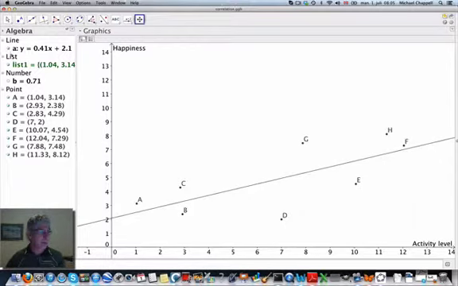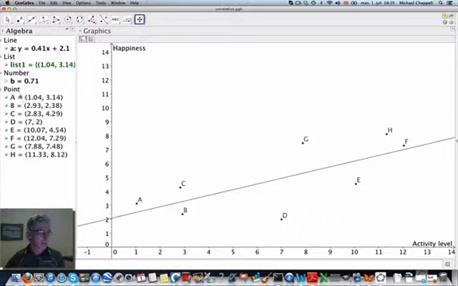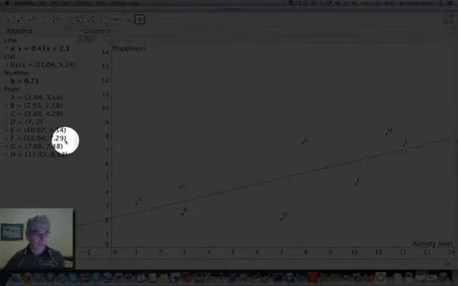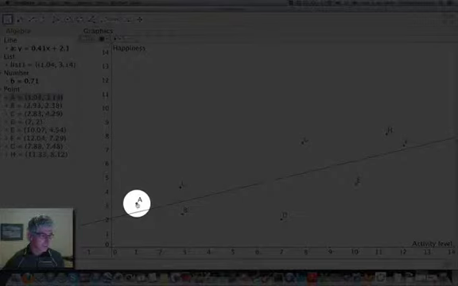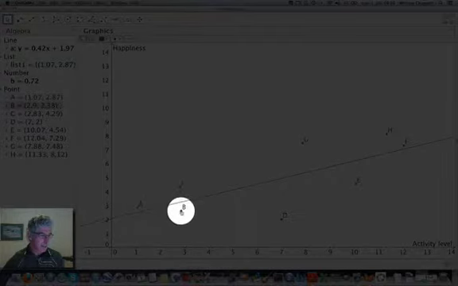Now, here we go. So you're watching B over here while I change some of the points. What I'm going to do is bring them closer to this line. Okay, so A is a little bit far away. Let's bring it in. And so I'm going to bring A down a little bit. You watch what happens to the correlation coefficient. Bring B in.